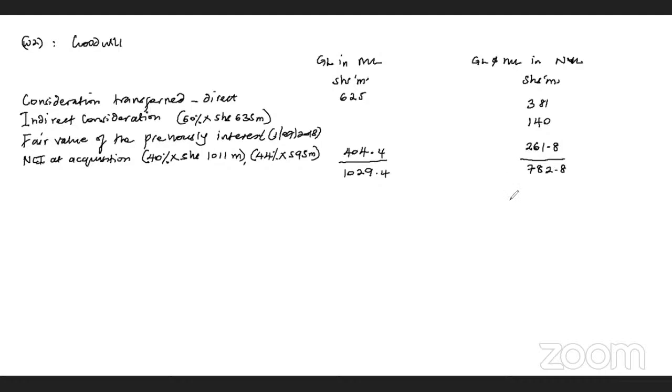So that is the aggregate of the fair value of the purchase consideration, previously held interest, and then the NCI at acquisition. Then we need the fair value of identifiable net assets acquired.